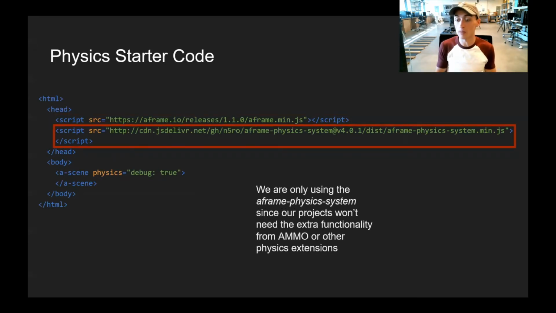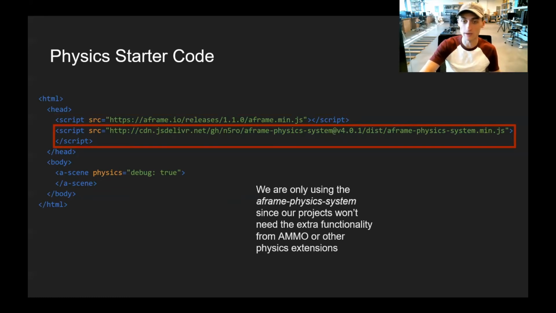And then this code probably looks familiar if you saw the first physics and collisions video. This is the A-frame physics system, and obviously you're going to notice that that's the last script we're adding. We're not going to be adding the Ammo physics backend because while it does add extra functionality, unfortunately, it doesn't work with the Leap Motion controller code. So we have to scratch that idea and just use the A-frame physics system.